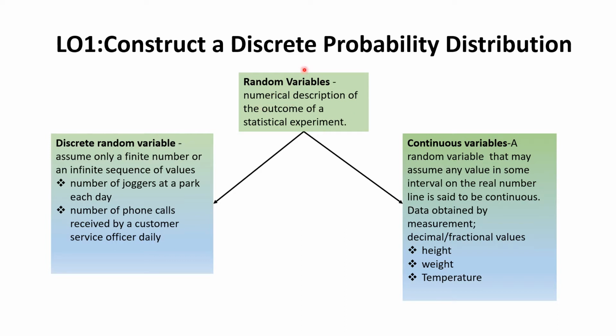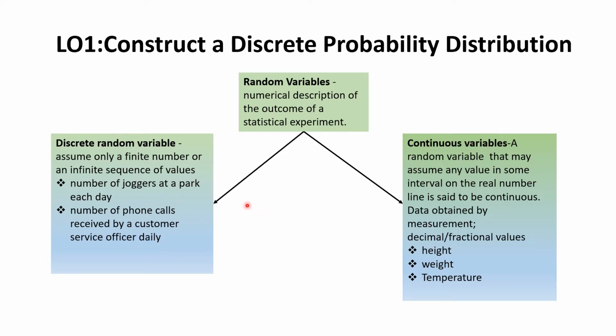And random variables are divided into two types, which are discrete random variables and continuous variables. For this chapter, on discrete probability distribution and discrete binomial distribution, we will focus on discrete random variables. And next week's lesson will focus on normal distribution, which focuses on continuous variables.